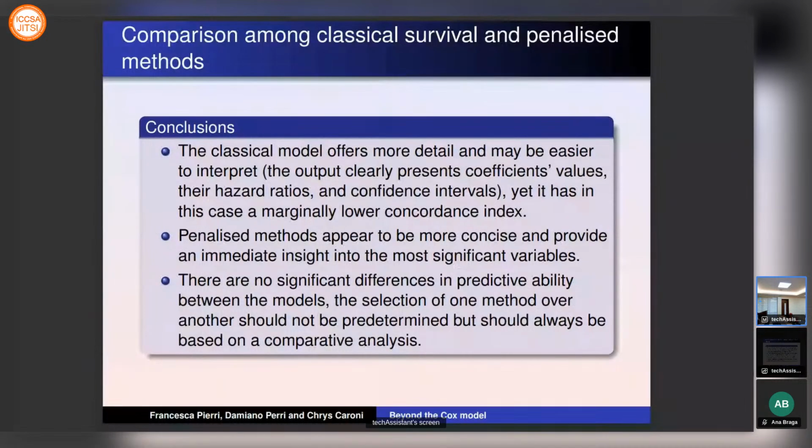There are no significant differences in predictive ability between the models. The selection of one method over another should not be predetermined, but should always be based on a comparative analysis.